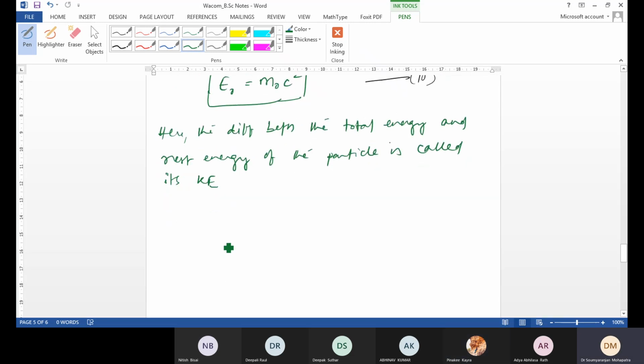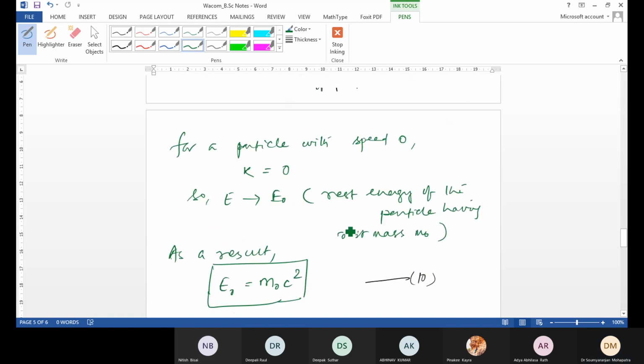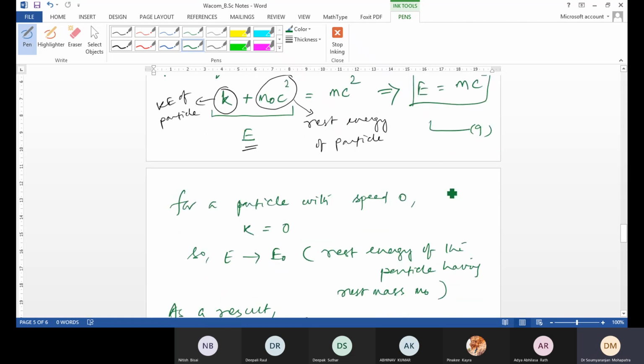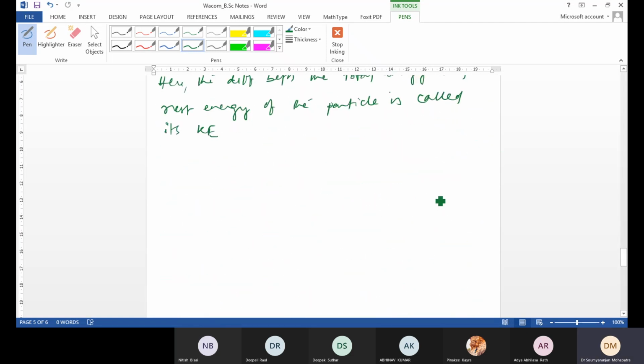So we can rewrite this equation 9, that is the total energy relation. So rewriting equation 9, we have the expression E equal to mc square, and that m is what? Gamma m naught. You know that? That means this is the relativistic energy.